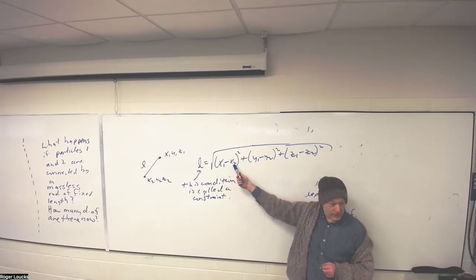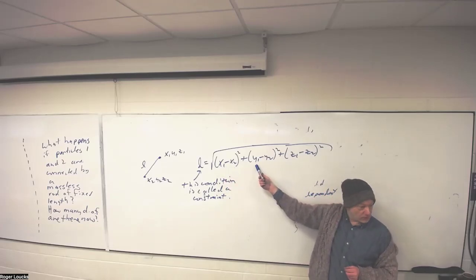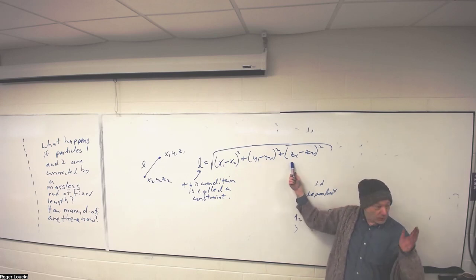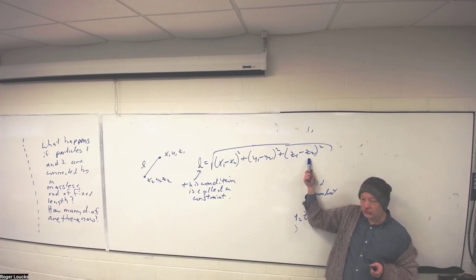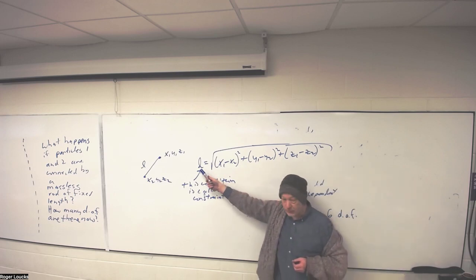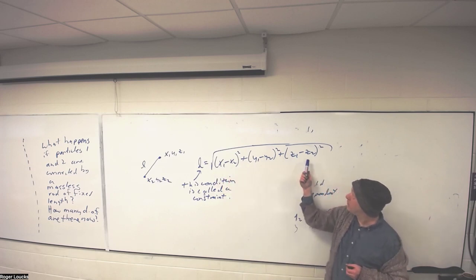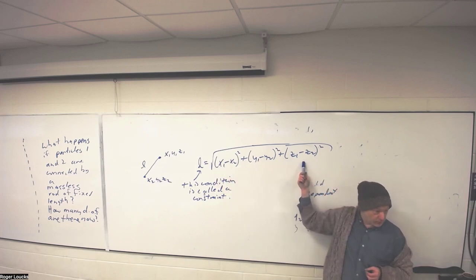I can know x2, that could be independent. y1 could be independent, y2 could be independent, z1 could be independent. But z2 cannot be independent. How come? It's defined by one constraint. Because this is fixed, once you know all the other ones, one of them is predetermined. It's no longer independent. So now you would have 5 degrees of freedom.